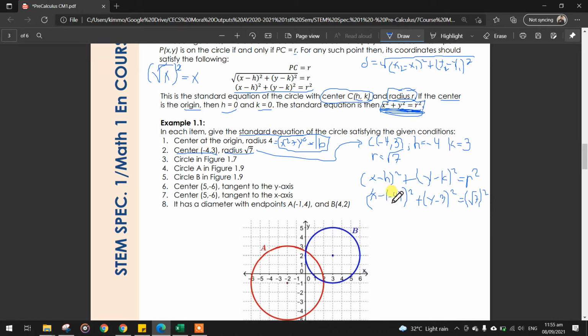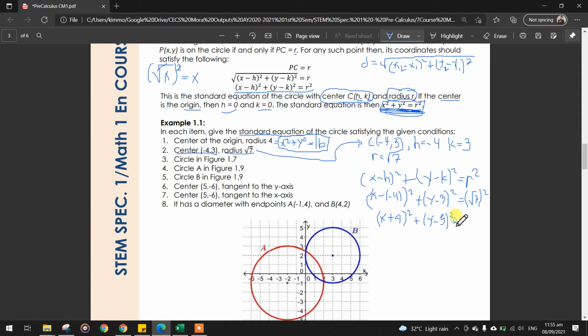So first is to simplify this one, ang atong unahon is kaning sulod sa atong parenthesis. So x minus negative 4, so negative ug minus nga sign, so this will result to positive. So mao siya x plus 4 squared plus y minus 3 squared.